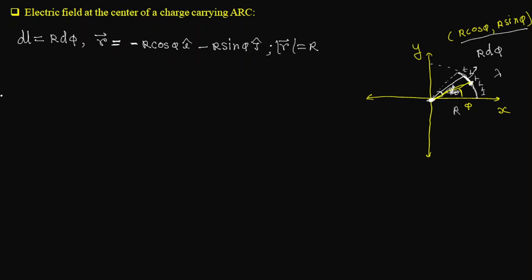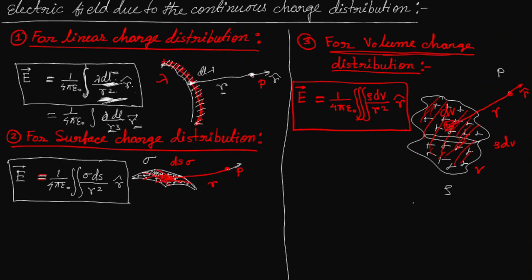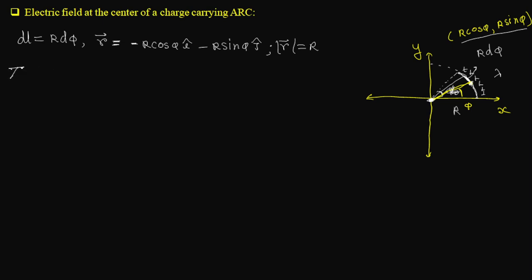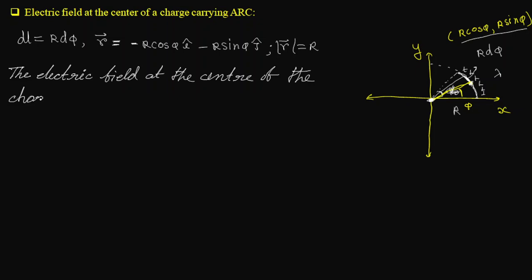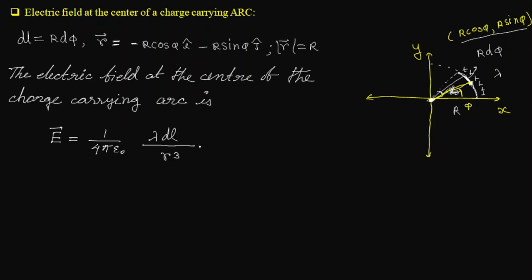Now we use this definition: the electric field at the center of the charge carrying arc is equal to 1 by 4 pi epsilon naught, lambda dl divided by r cube, into the r vector, and then we have to integrate over the length.